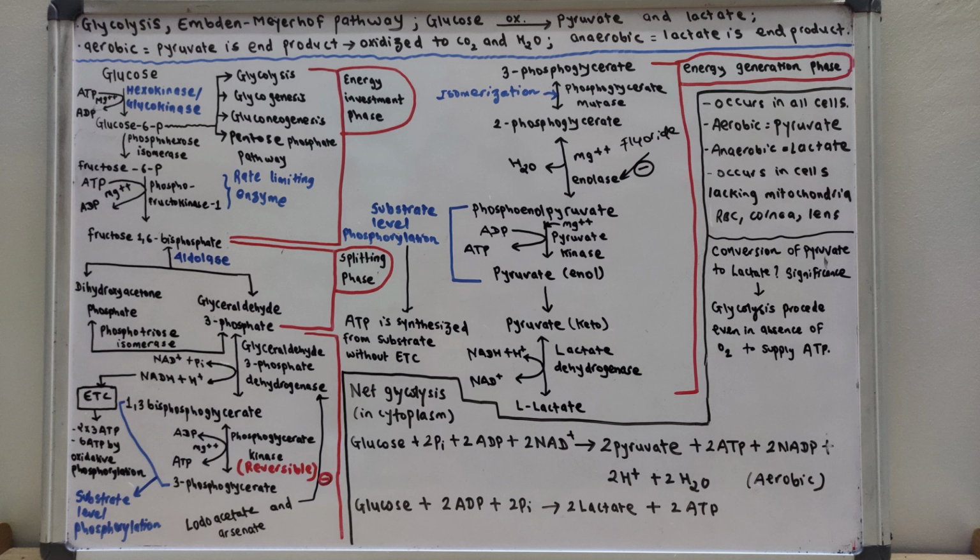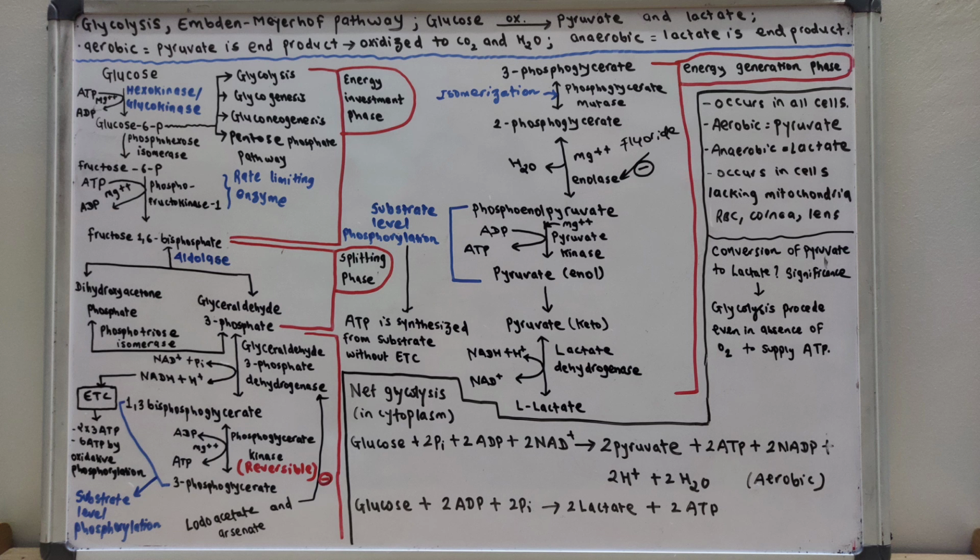Let us revise. First of all, the glucose. The glucose by the action of the hexokinase or glucokinase is converted to glucose 6-phosphate with the consumption of the ATP. So the glucose 6-phosphate is again metabolized to fructose 6-phosphate by the enzyme phosphohexose isomerase.